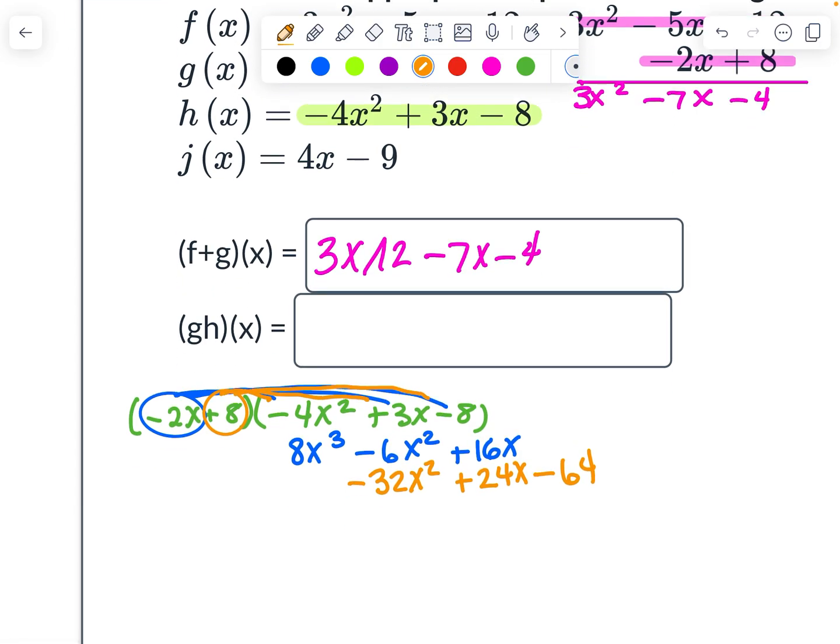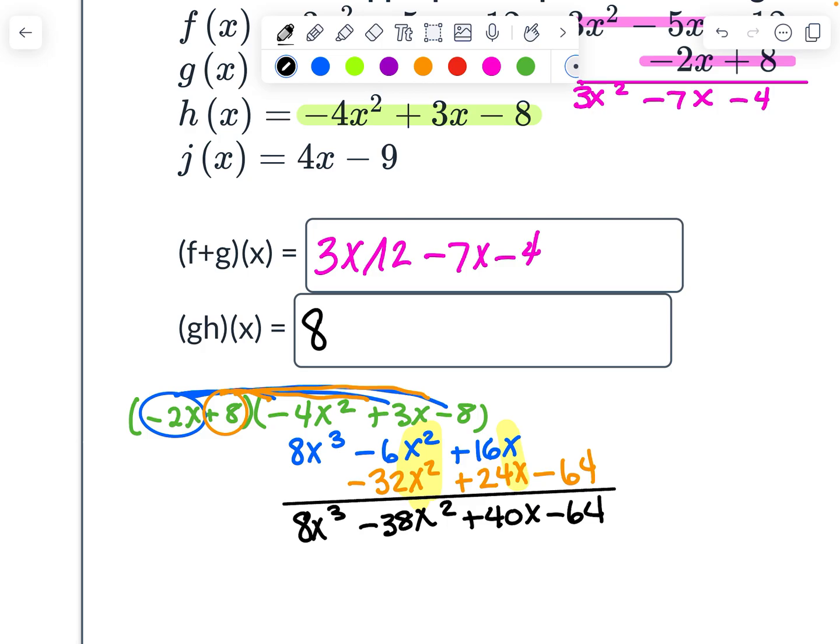And friends, we're going to make sure that our powers line up. Those are both squares. Those are both x's. So we're going to line up our powers, and we're simply going to combine what we wrote. Maybe you guys think better with combine than add and subtract. I don't know why, but it's fine. Let's combine what we have. If we combine what we have, 8x to the power of 3 minus 38x to the power of 2 plus 40x minus 64.